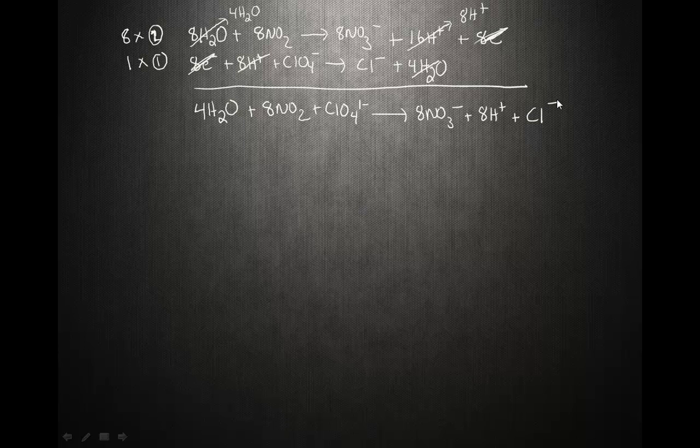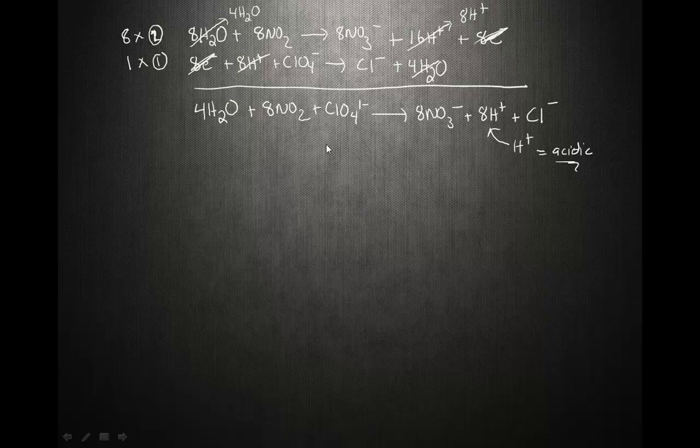Cl minus. Now the key thing here is, since this is an acidic solution, we need to have H plus. So H plus equals acidic. That's a good thing. If somehow your H pluses cancel, you just made a mistake somewhere. So we need to have H pluses floating around if it's in acidic solution.